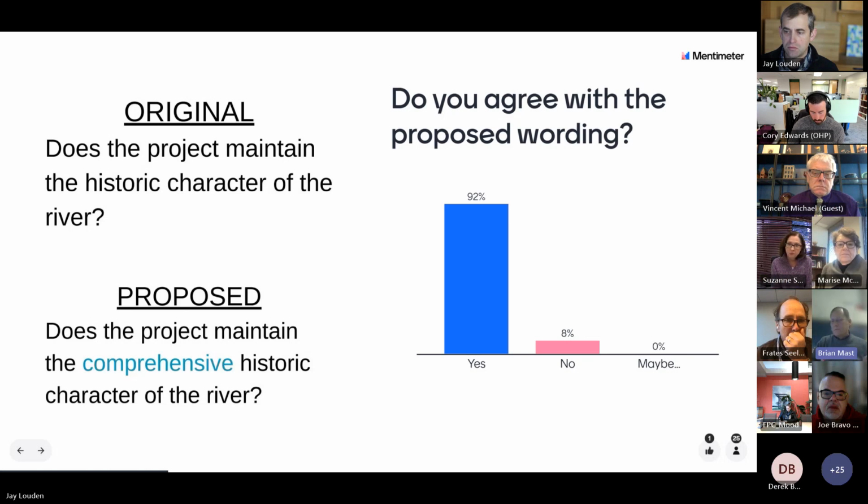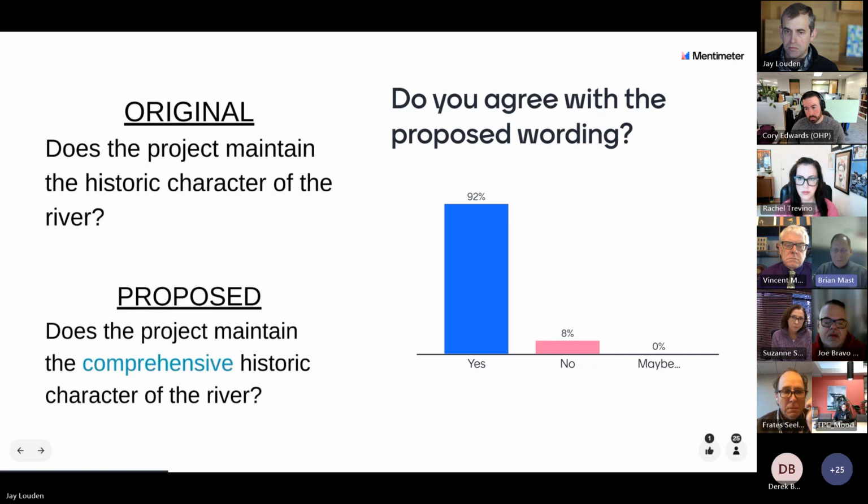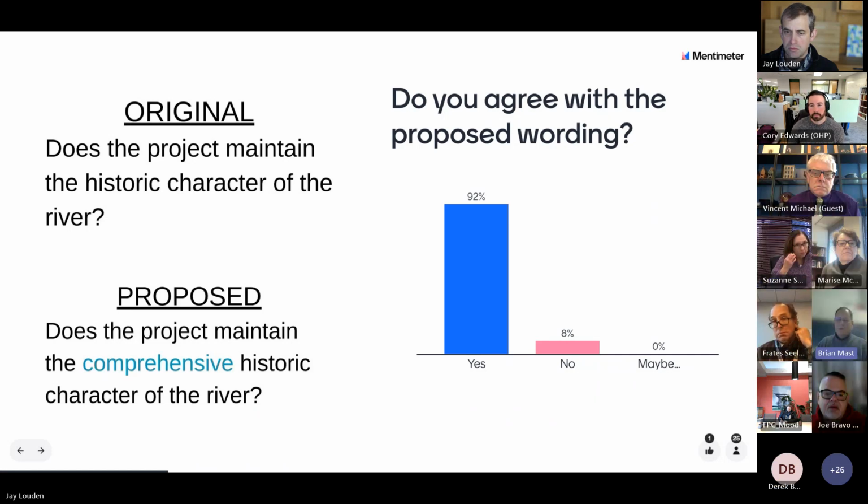That's what I recall the conversation being about when this question came up three meetings ago or so. And it's a hard one to digest, quite honestly.